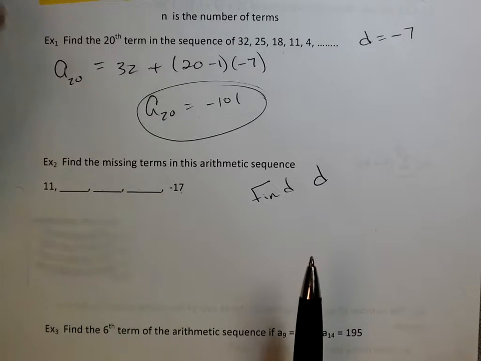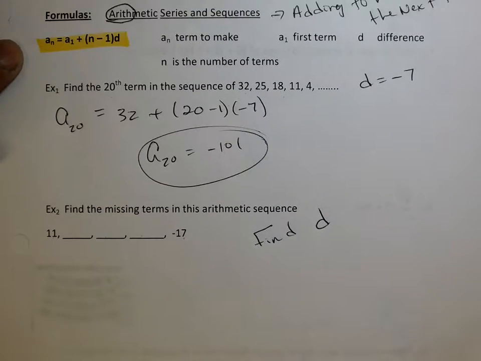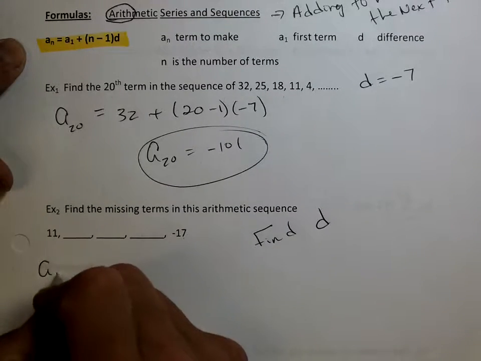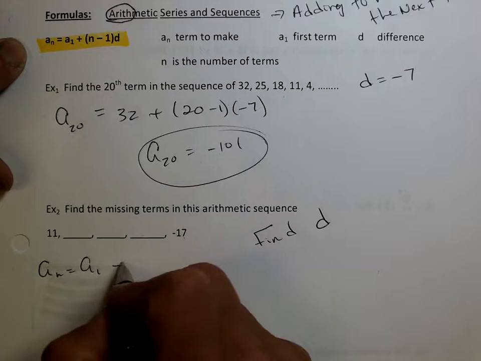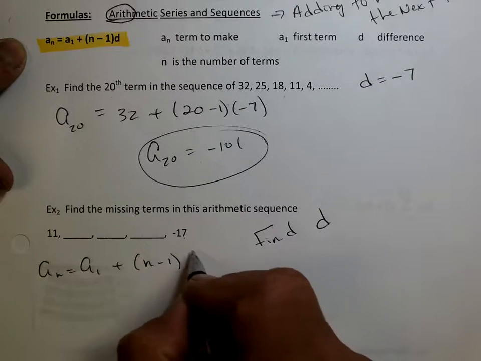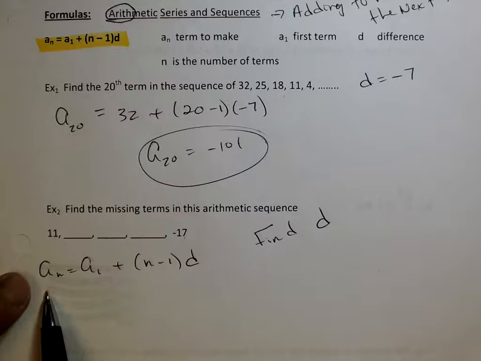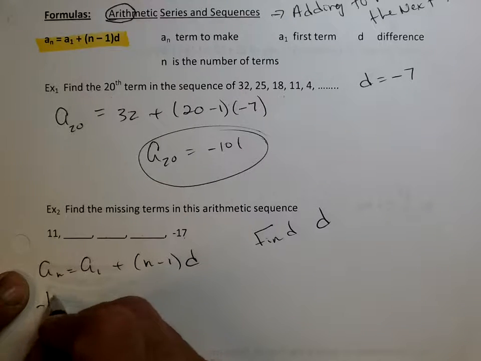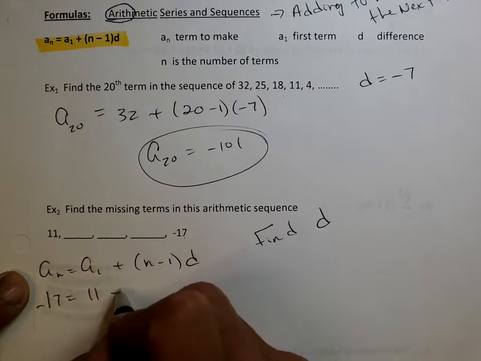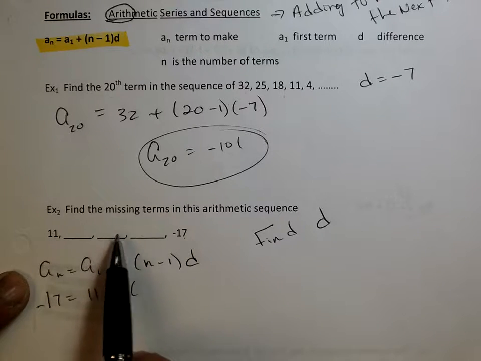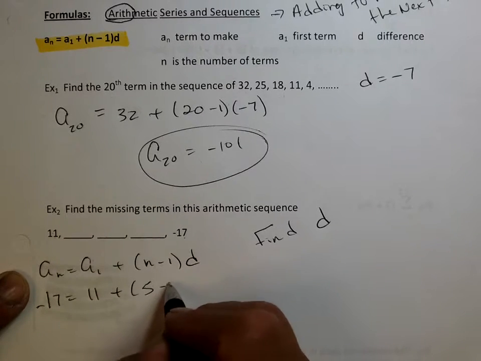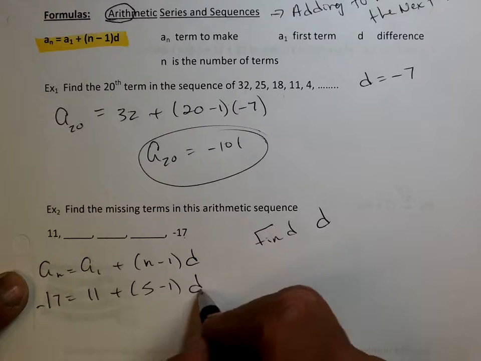So I'm going to use my formula, A of n equals A1 plus n minus 1 times D, to figure out what D is. I know everything else but D. I know that the last term is -17. I know the first term is 11. I know there's 1, 2, 3, 4, 5 terms. And I don't know D, but I can find D, right?